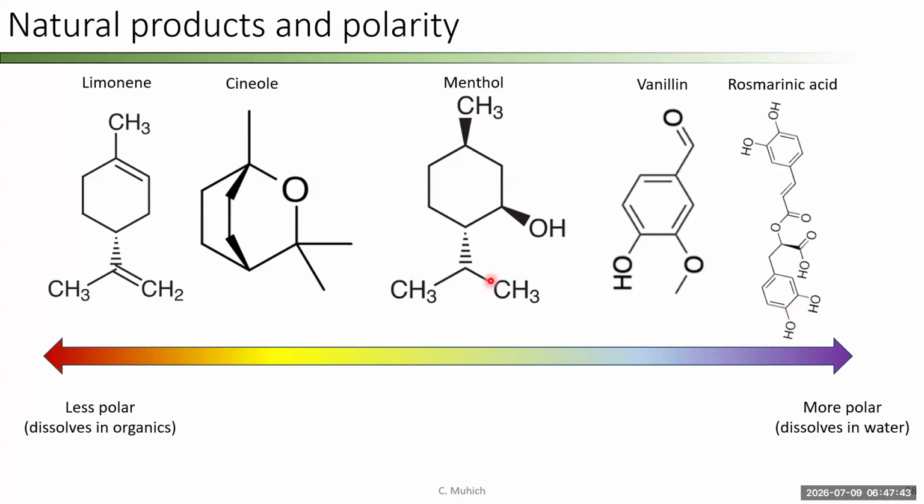We can also say in general that as we sit over here, these molecules are going to be more readily volatilized or vaporized, so sent into the gas phase, as compared to these molecules, which are going to not want to vaporize.